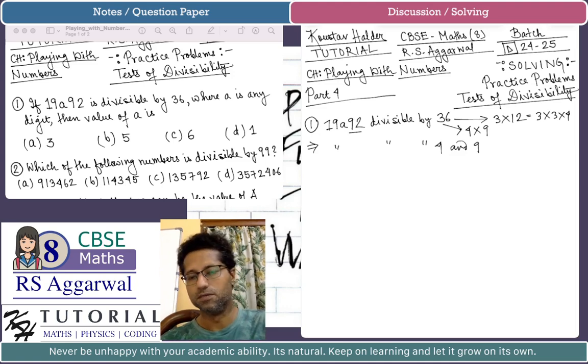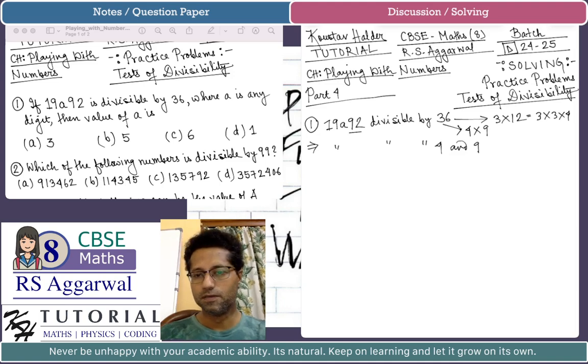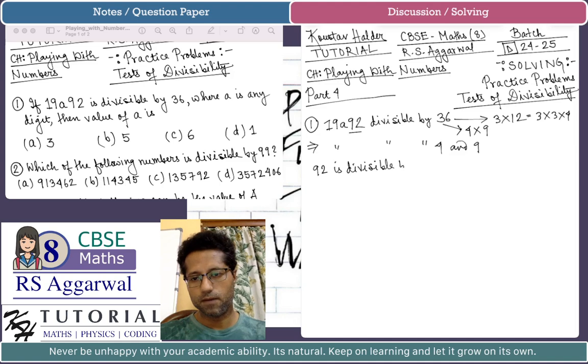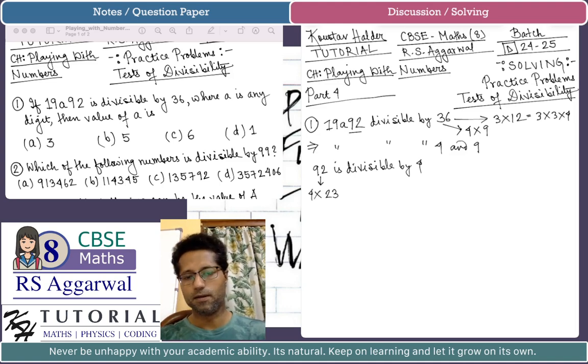In this number 19A92, the last two digits are 9 and 2, so the number formed is 92, which is divisible by 4, because 92 is 4 multiplied by 23. So clearly the given number 19A92 is divisible by 4.